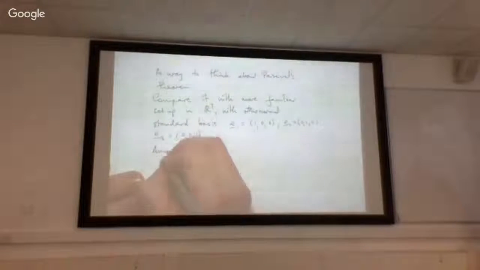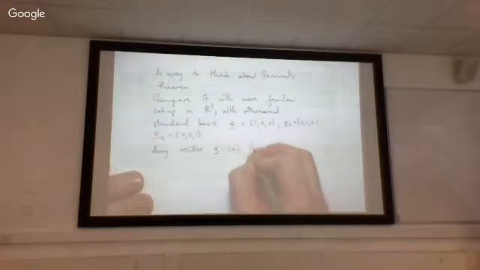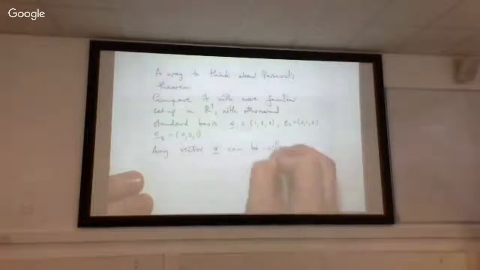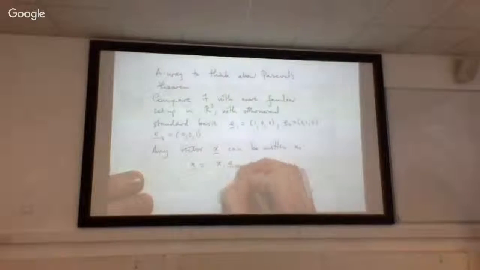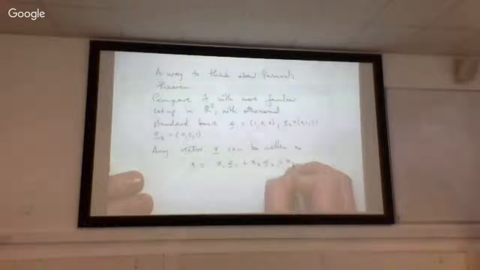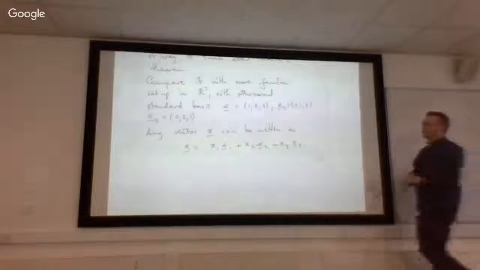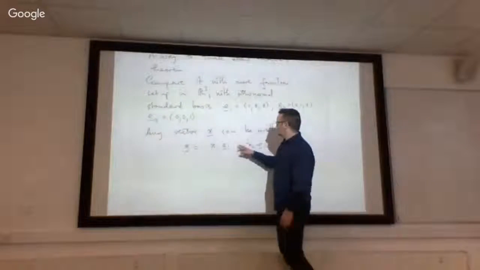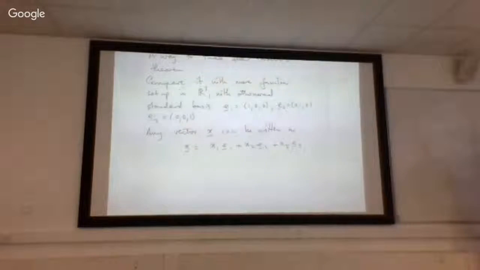Any vector x can be written as a linear combination of E1, E2, and E3. And we can call the coefficients in the linear combination x1, x2, and x3.